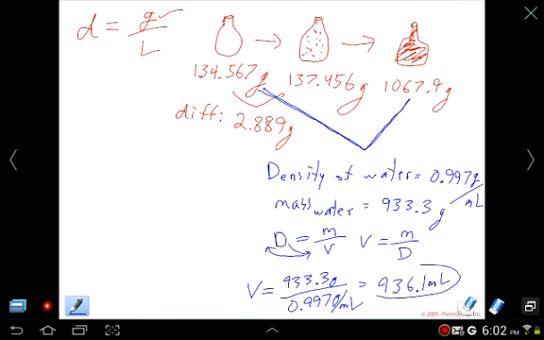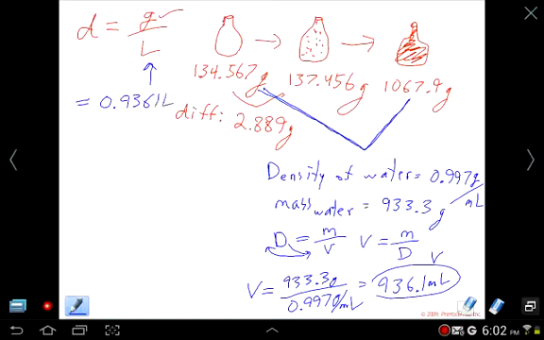This is our volume now. So we're close to our equation being fulfilled. Technically, since we want liters, if you divide by 1,000, you get 0.9361 liters.